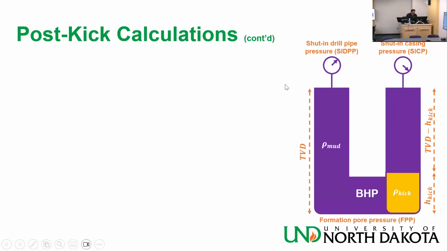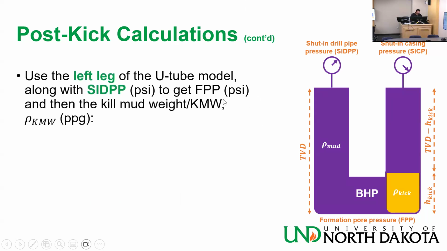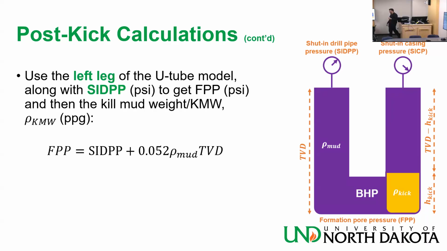Okay. Now, the calculations we are gonna do, we already talked about one, but we are gonna start from the left leg of the U-tube model, as you learned already from module 1, and we are gonna apply this equation to get the FPP. What I had wrong, basically, I thought my FPP was different, and it was higher than what I thought it was. So I'm gonna calculate it now with the SIDPP in mind, the stabilized SIDPP.